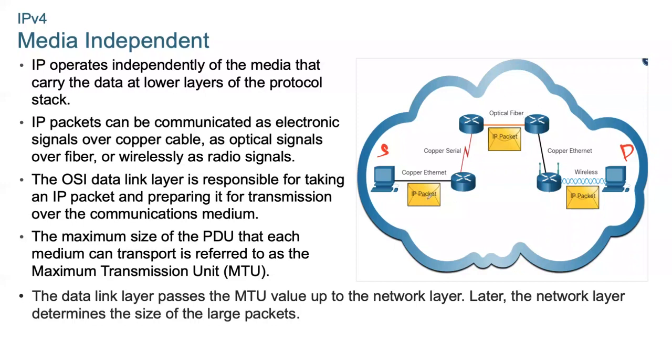But whatever media is used to connect these network devices and the end devices, it doesn't matter for the IP protocol or network layer protocol to format that message. It simply gives only the source and destination IP addresses itself.